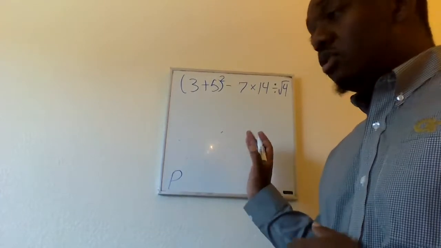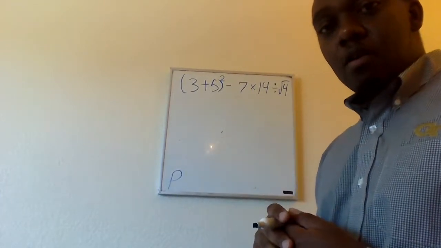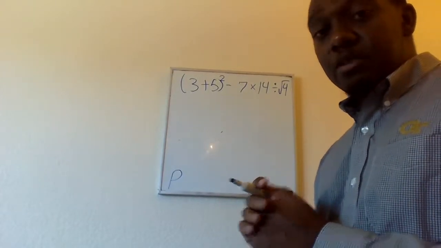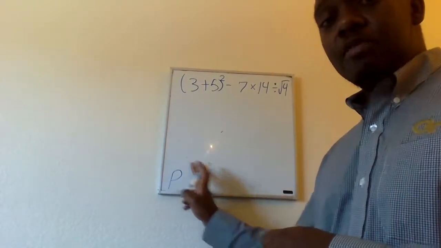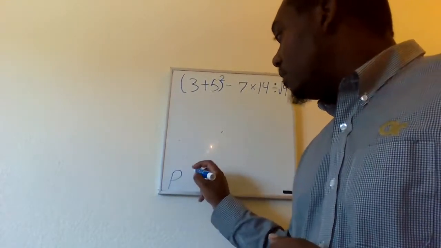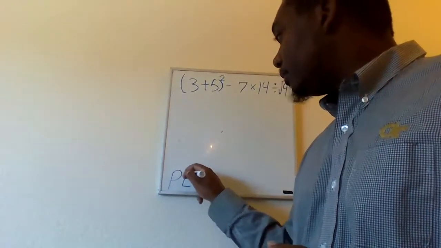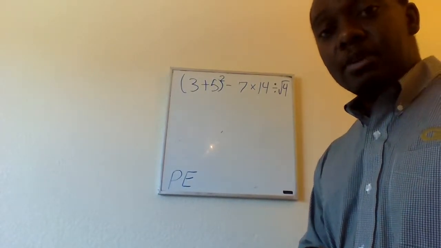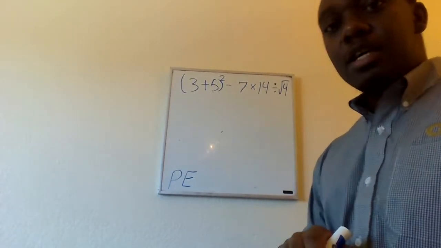You look for what is in parentheses first. And then from there, you do whatever order of operations is happening within the parentheses. Okay? That means within that parentheses, you will follow order of operations again. After parentheses, we have exponents. Okay? Exponents. Remember, exponents include powers and roots.